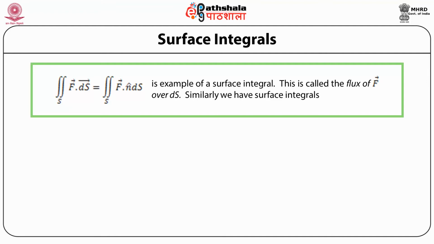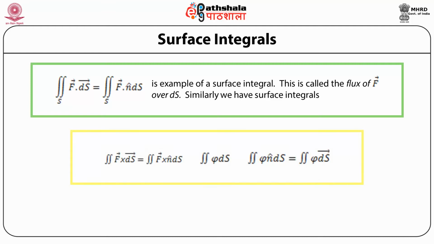This is called the flux of F over dS. Similarly, we have the surface integral of F × dS equal to the surface integral of F × n cap dS, the surface integral of φ dS, and the surface integral of φ n cap dS is equal to the surface integral of φ dS.